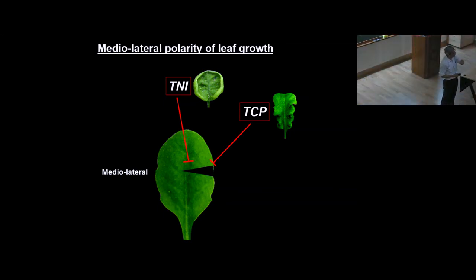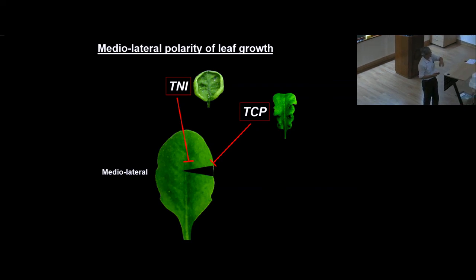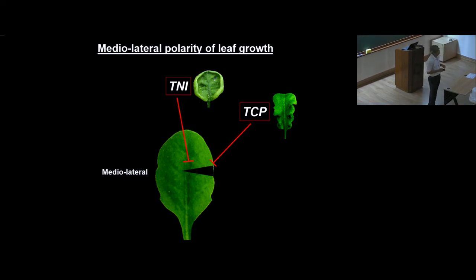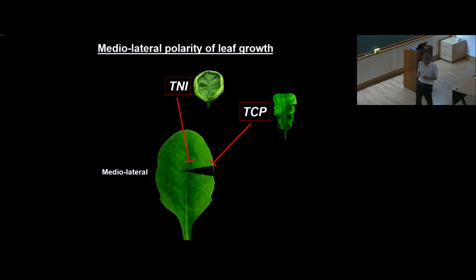So if you remove that, then there will be more growth in the center than in the periphery, simply by the distribution of the gene by the promoter activity, just like it is there in the TNI, because the TNI is present more in the periphery than in the center. So when you combine the two, you can't reverse in this case.